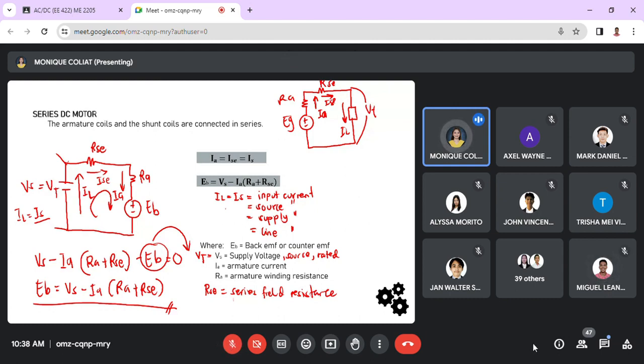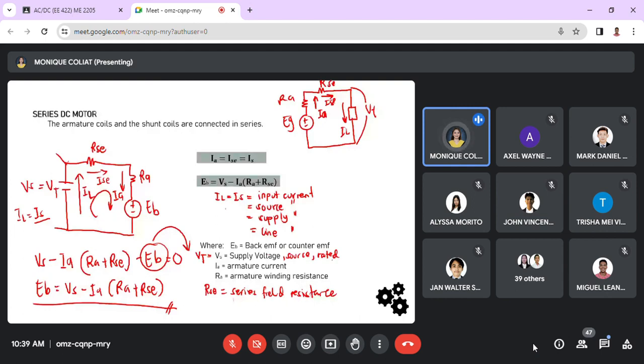Okay, so yung nagpo-flow na current dito kay ating source voltage is IL, or that is equivalent to IS. Yung IL natin noon sa generator, IS na siya dito. Pwede pa rin naman na IL. Kayo na yung bahala kung ano yung palatandaan ninyo. Okay? So, yung ating EB, that is back EMF or counter EMF. VS or yung VT natin noon, that is your supply voltage, source voltage or rated voltage. IA, ganun pa rin, armature current.